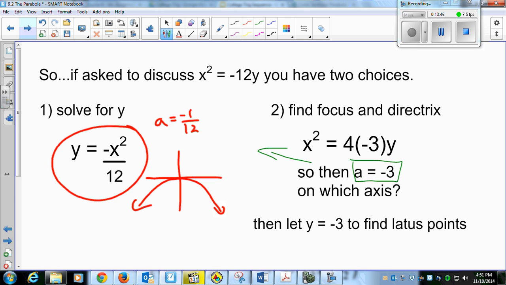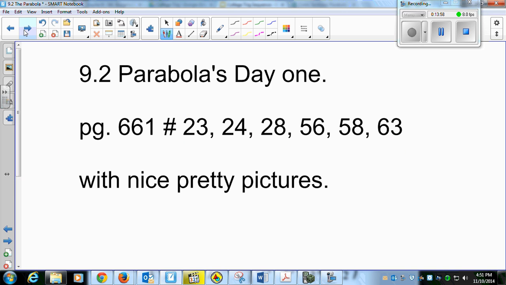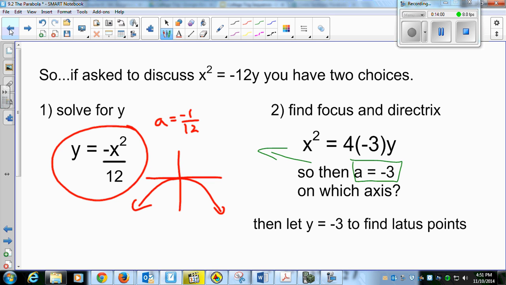So we let our y be equal to -3, okay, to find the latus rectum points. And we can find those points as we would down here, where at -3, we would plug that in here, and we would get x squared is equal to -12 times -3.